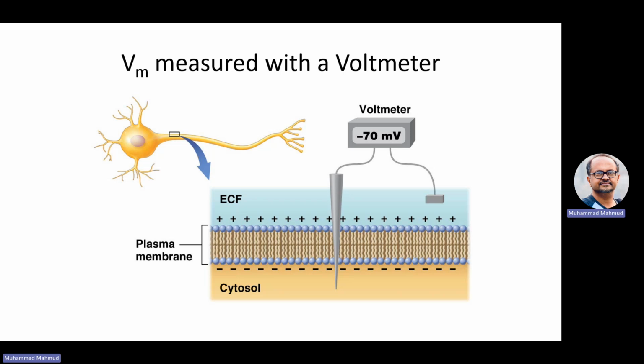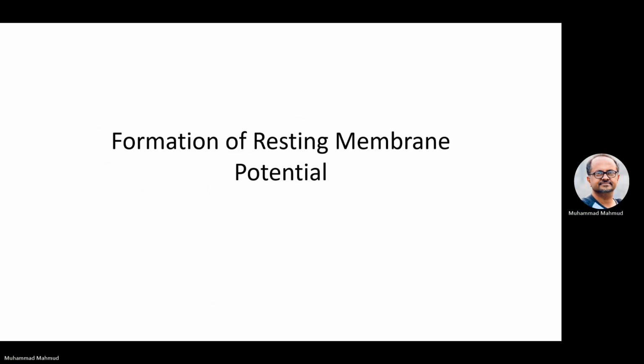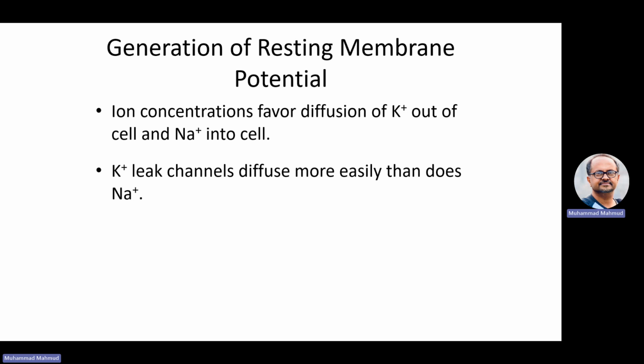Okay, so if we take a small part of the axon, this is what we see, the difference in voltage, which is negative 70 millivolts. Now, the generation of RMP. The ion concentration favors diffusion of potassium out of the cell and sodium into the cell, because we learned earlier that sodium is higher outside and potassium is higher inside.